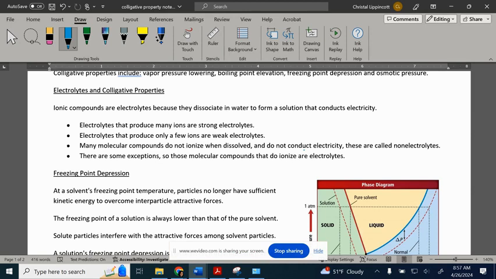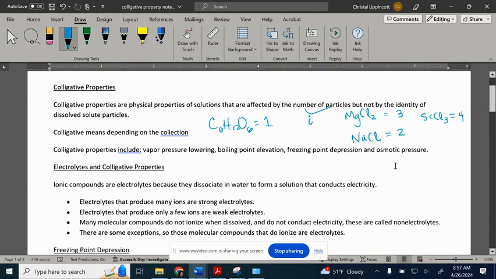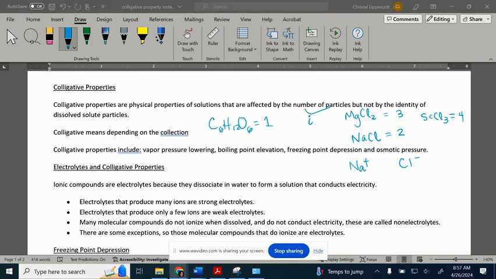Molecular solids will dissolve, but they're not going to conduct electricity because they don't have those charges. So when this goes into water, it's going to stay as one piece. Okay. When this goes into water, it's going to break apart into a sodium ion and a chlorine ion. And because these are charged, that will allow these to actually conduct electricity. Okay.